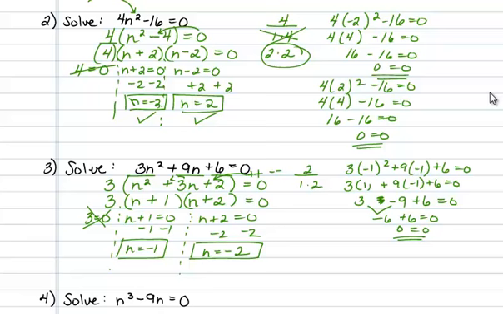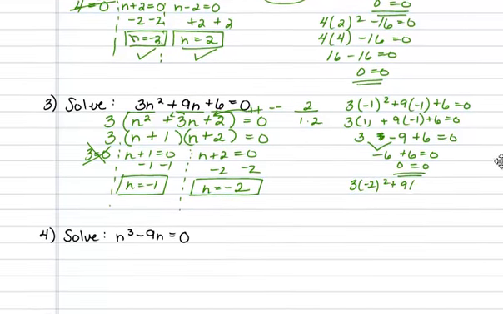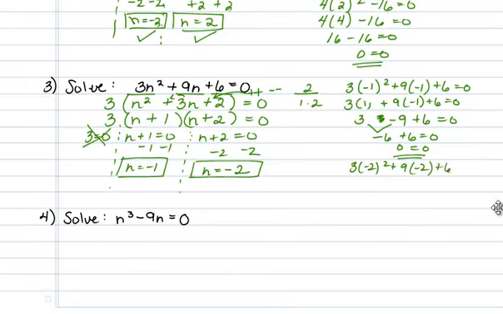And I'm going to try with -2. -2 squared is 4. 3 times 4 is 12, minus 18 plus 6. 12 minus 18 plus 6 is -6 plus 6. That checks also.